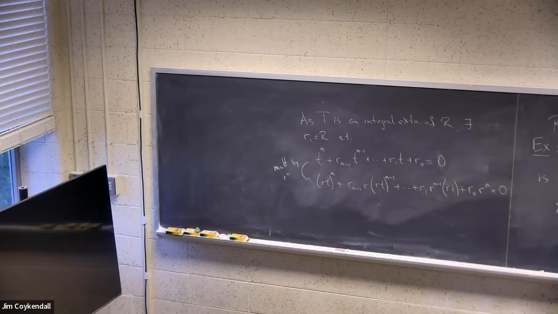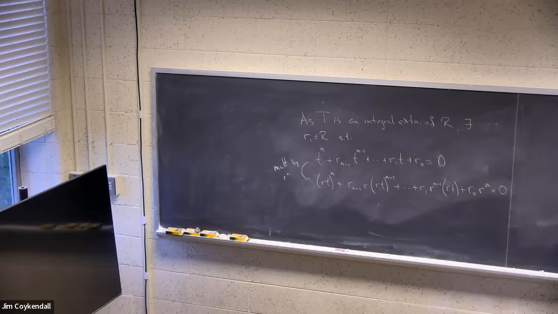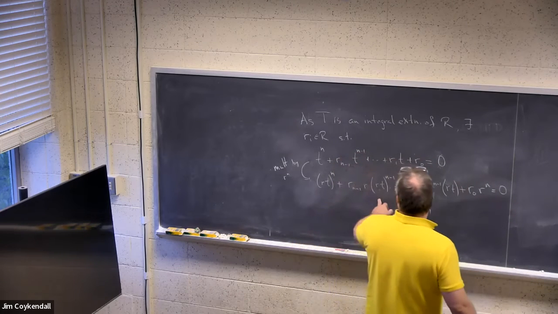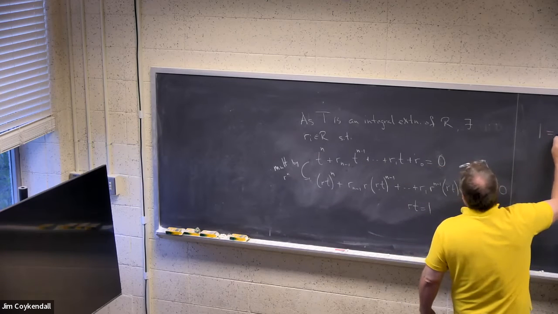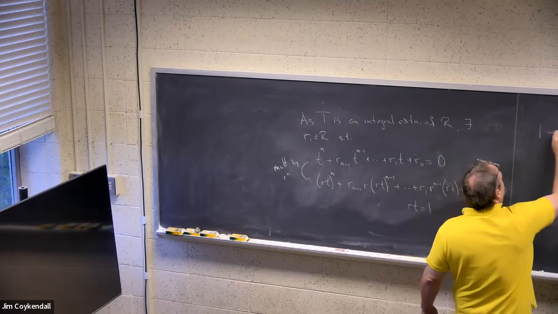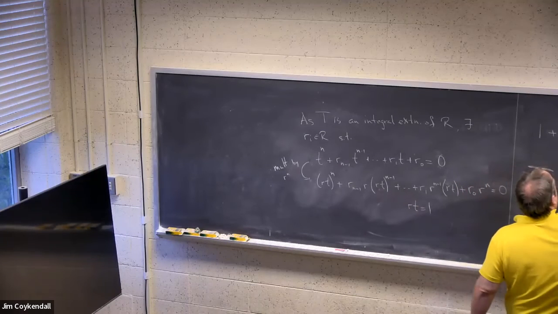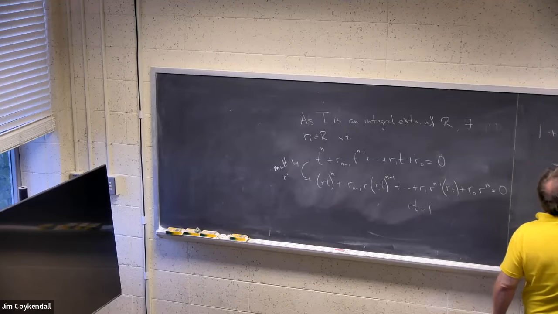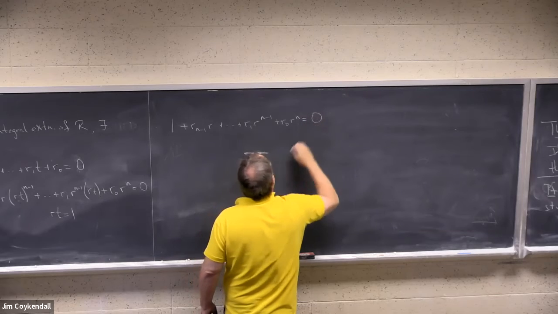Everybody okay with that? Now every rt becomes one, since rt equals one, so I can suppress all of these, and so what I get is one plus r_{n-1} r plus up to r_1 r^{n-1} plus r_0 r^n is equal to 0.